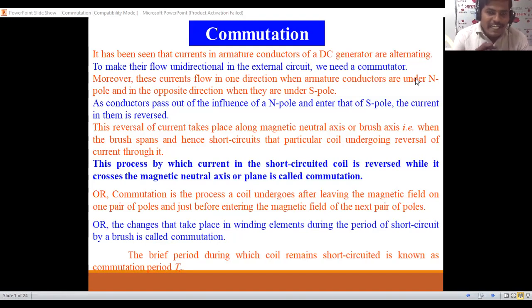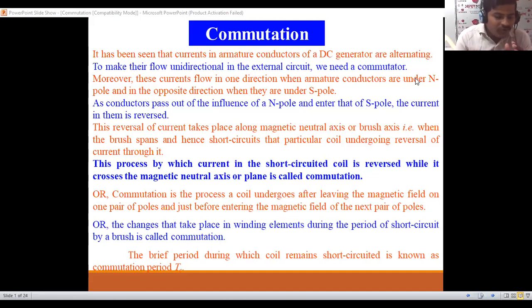When the coil passes from one pole to another pole, that is, the armature coil, which is mounted on the armature slots, rotates. In the case of a generator, the armature of the generator will be rotating.